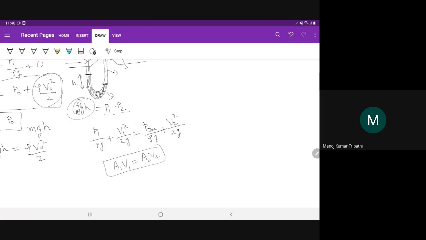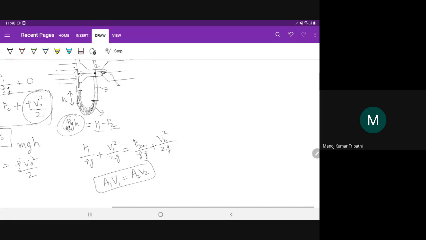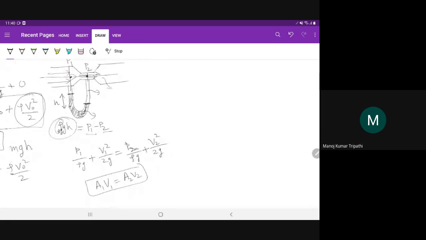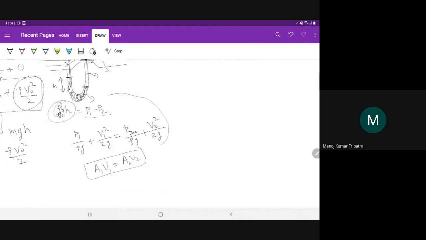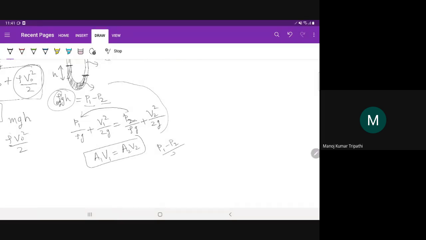So how many unknowns are there now? P1, P2 and V1, if you see these two equations. So how do you solve for all of them? You don't have to solve for all of them. You can club P1 minus P2, because this P2 will go to the left hand side. You get P1 minus P2 by rho g.